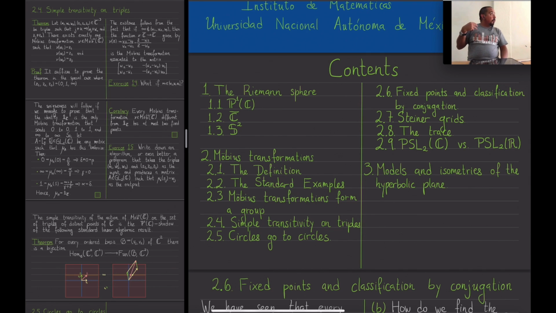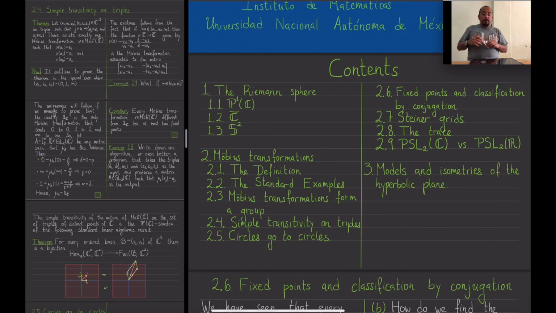So the only Möbius transformation with more than 2 fixed points is the identity, right? In other words, any Möbius transformation different from the identity has at most 2 fixed points, right? So today I'm going to see that these at most 2 fixed points can always be computed explicitly in terms of the entries of any matrix representing the transformation.